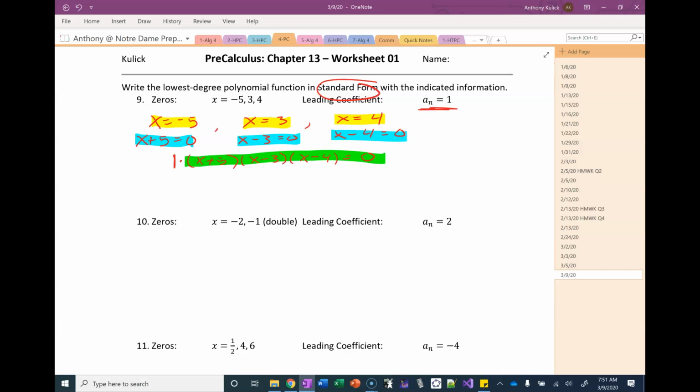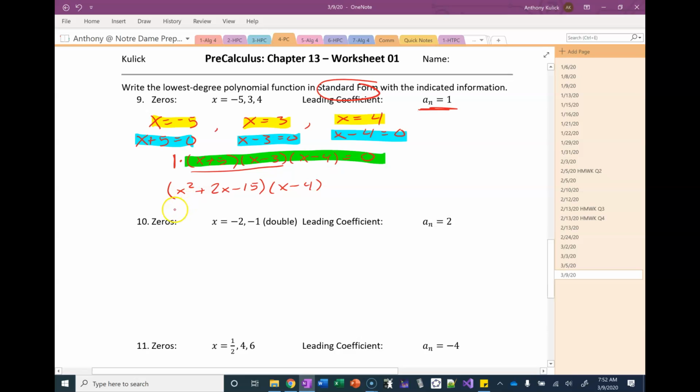Okay? So if I FOILed out x plus 5 times x minus 3, I get that. I just did that in my head. If you have to FOIL it out the long way, that's fine too. And then I'm going to FOIL these two out.